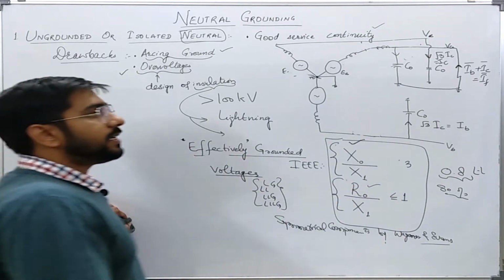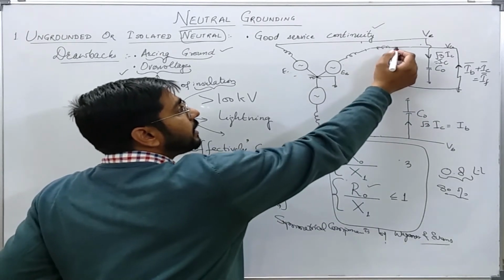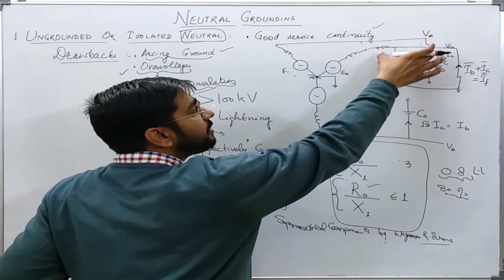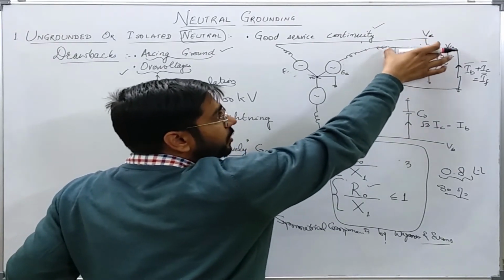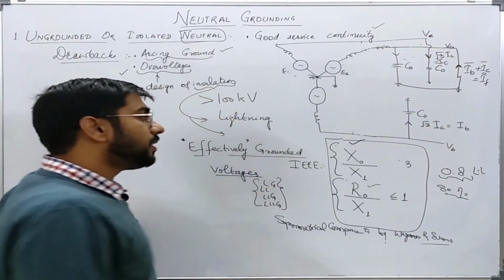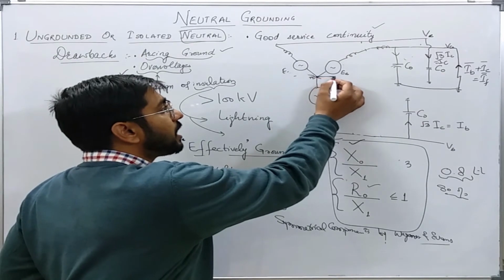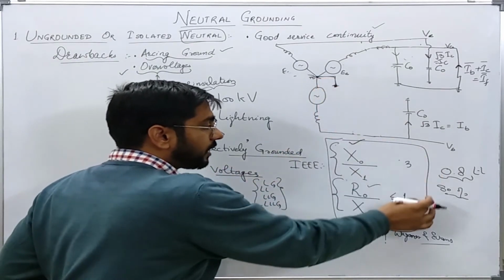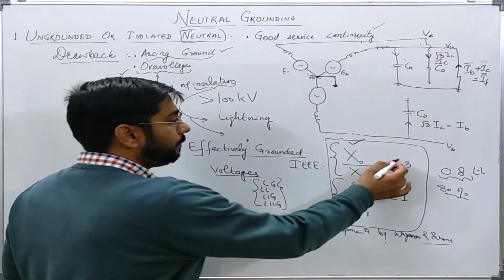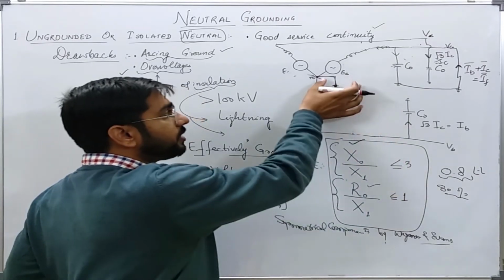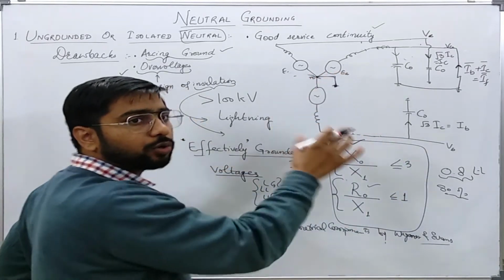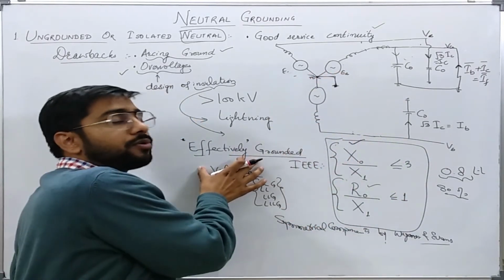It can be the case that some system has some zero sequence reactance or resistance, and even if it is solidly grounded, these two conditions are not fulfilled. Because of this, even though the system is solidly grounded, we cannot call it effectively grounded.